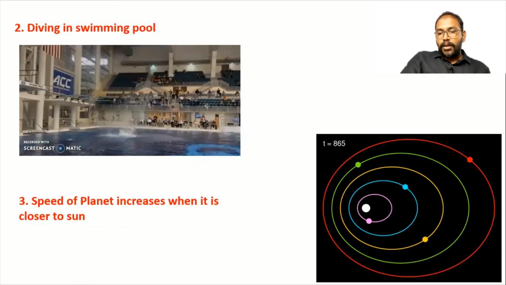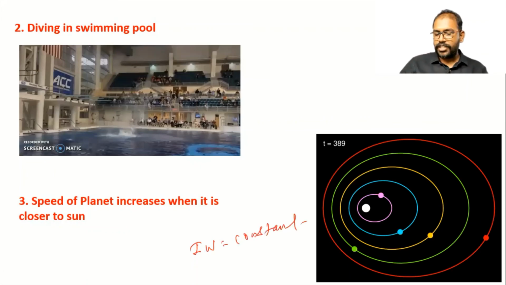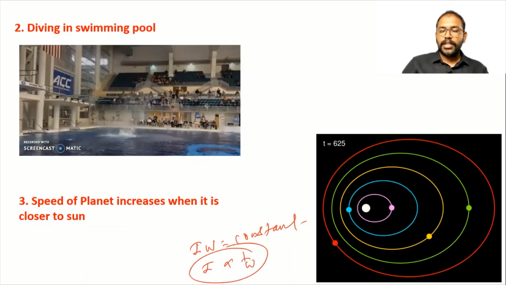But when a planet is coming closer to the sun, distance decreases, moment of inertia decreases, and because of that, omega increases. So remember this formula: I omega is constant. I and omega are inversely related. The larger the moment of inertia, the smaller the angular velocity.